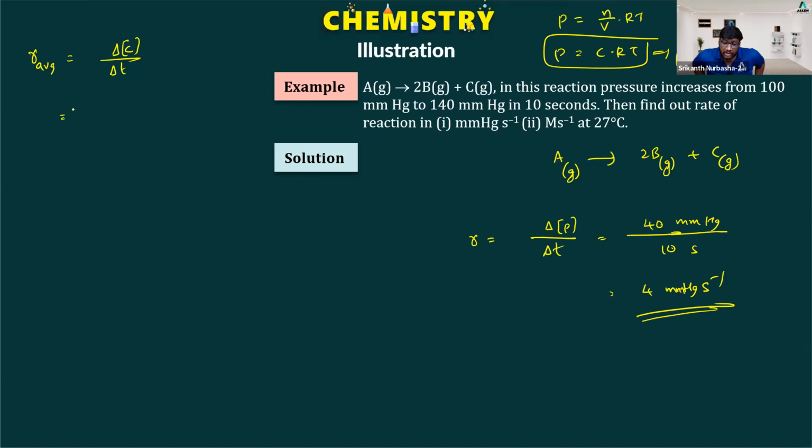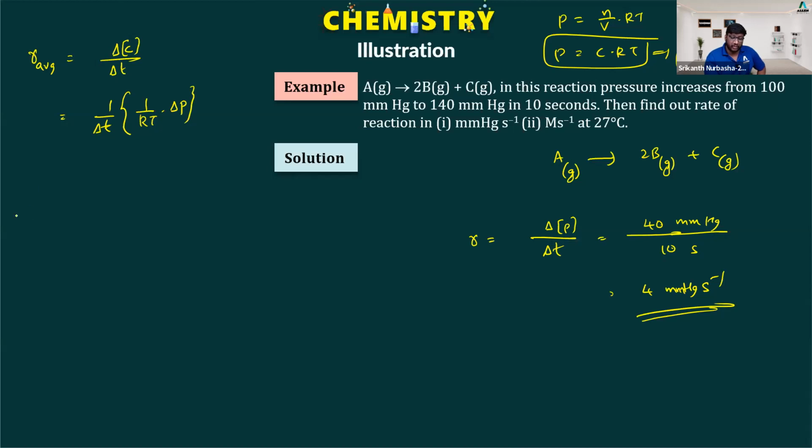Because rate is always positive, you don't need to worry about the sign. Concentration is pressure by RT, so rate equals 1 by delta T times 1 by RT times delta P. It is the average rate in terms of molar second inverse.